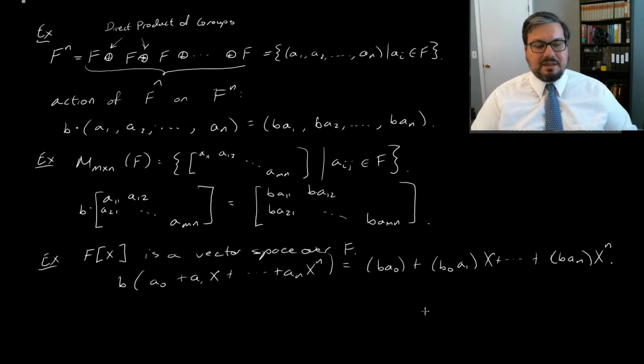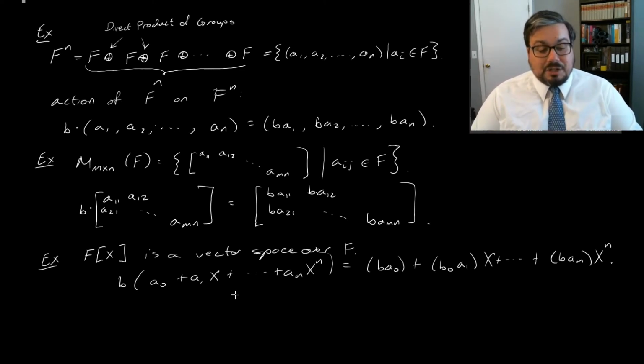Now, the reason why this is different than the other examples we've had so far is that there's no limit to how many different field elements you'll need to describe the various elements of the vector space F adjoin X. Any given polynomial can be described using finitely many coefficients, a0, a1, up through an. But if we want a degree 1 million polynomial, that has to be described using 1,000,001 coefficients.